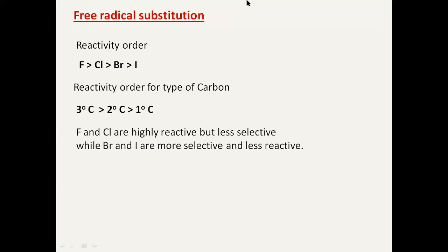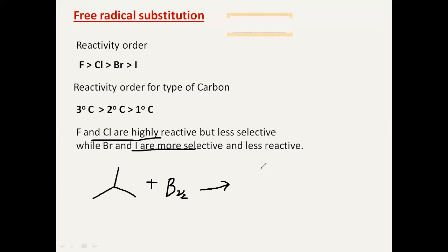If we are doing the reaction of, so many examples are there, isobutane with bromine. Now we are trying to understand the meaning of this statement. So now you see, two products are possible.